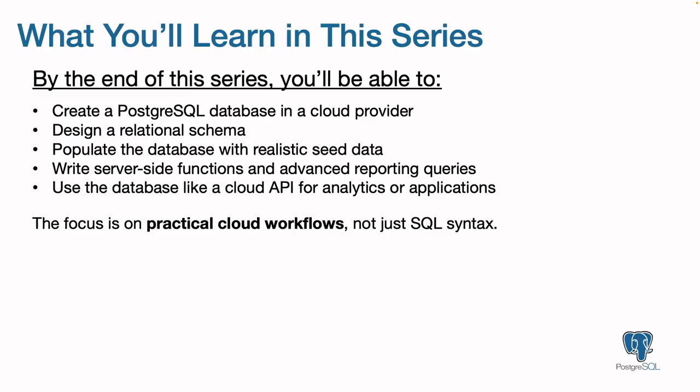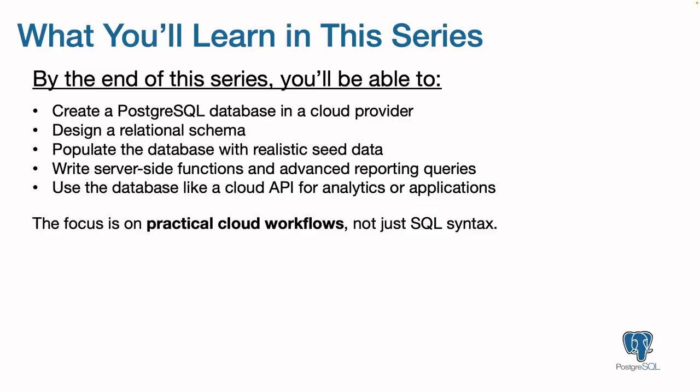By the end of this series, you'll know how to take PostgreSQL from zero to cloud ready. You'll learn how to create and manage a Postgres database in the cloud, design a clean relational schema that scales, populate your database with realistic production-style seed data, write server-side functions and advanced reporting queries, and use your database like a cloud API for analytics or application backends.